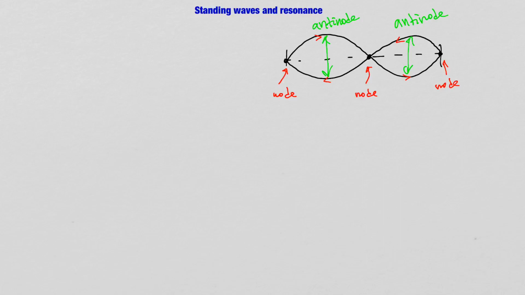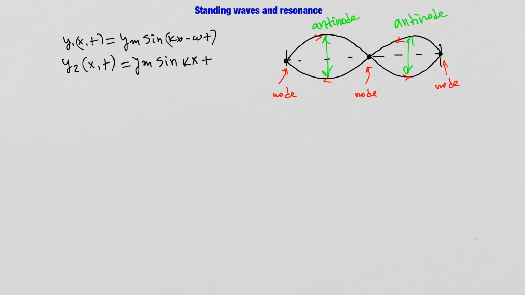So I'm going to investigate the superposition of those 2 waves and their interference, but this time I'm going to have the first wave y1 of x and t equal to ym sine of kx minus omega t. This one is going to the right, and the one that's coming back to the left, y2 of x and t, is equal to ym sine of kx plus omega t.